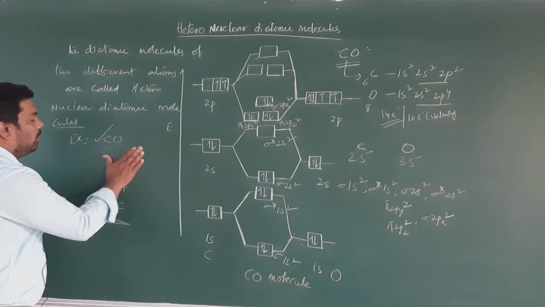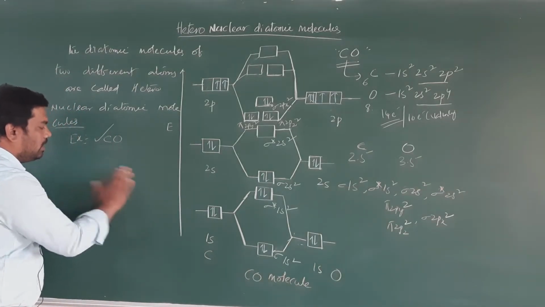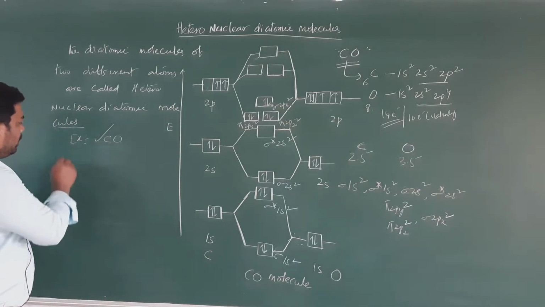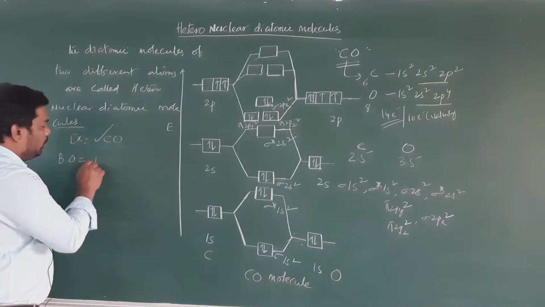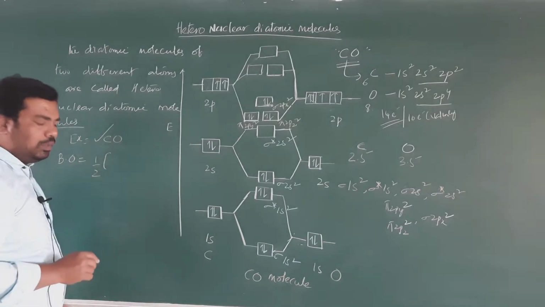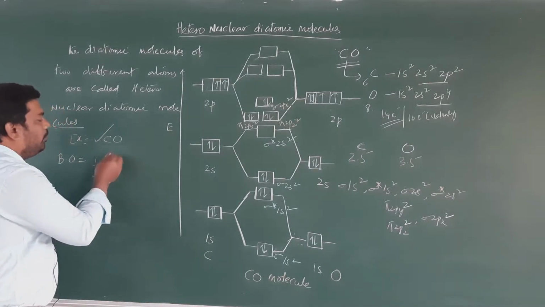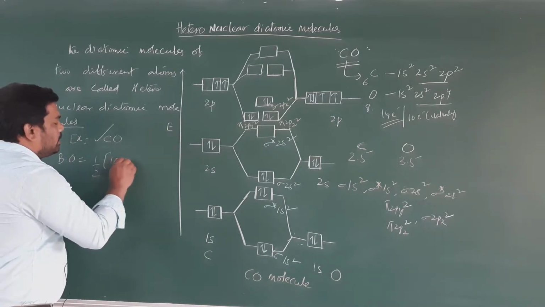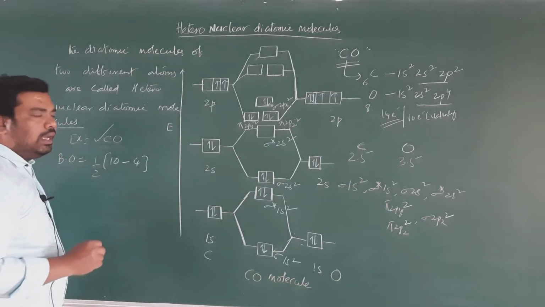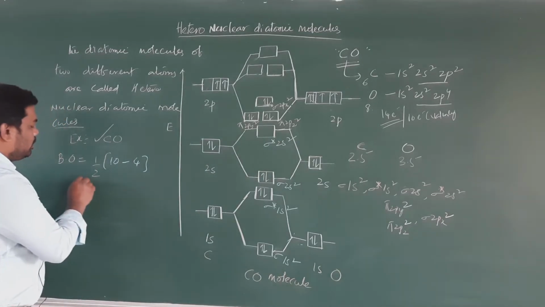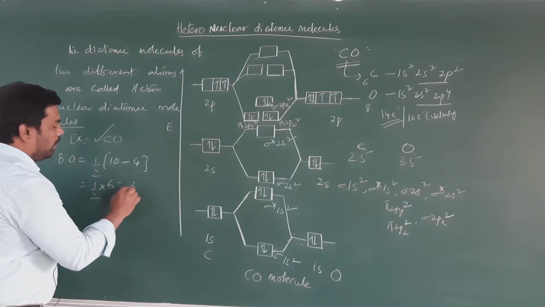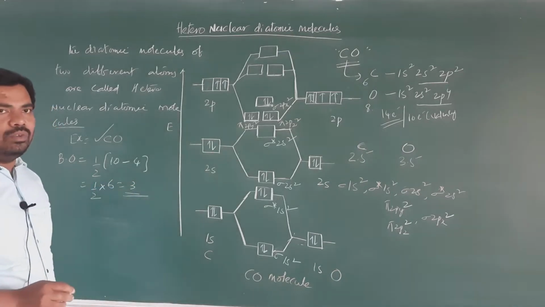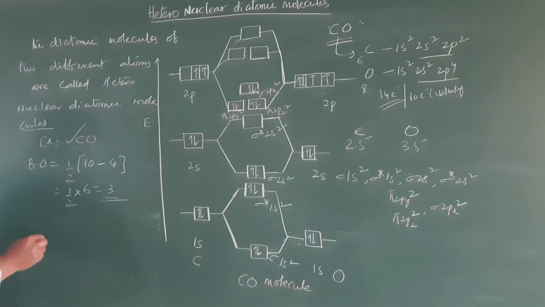Bond order is equal to 1 by 2 into 10 minus 4, the 10 bonding electrons and 4 anti-bonding electrons. So 1 by 2 into 10 minus 4 is nothing but 6 by 2, that is equal to 3. So the bond order of CO molecule is 3. Clear, student?